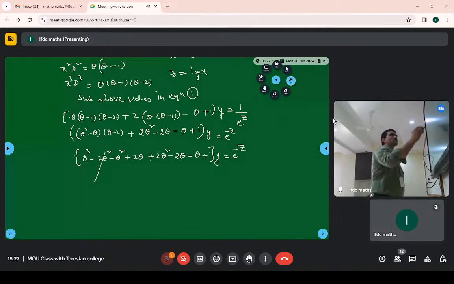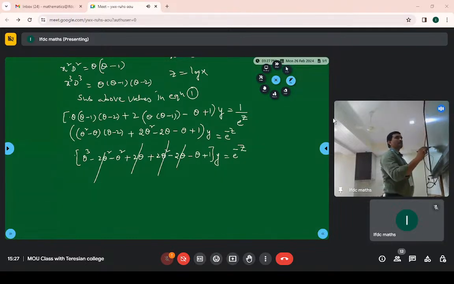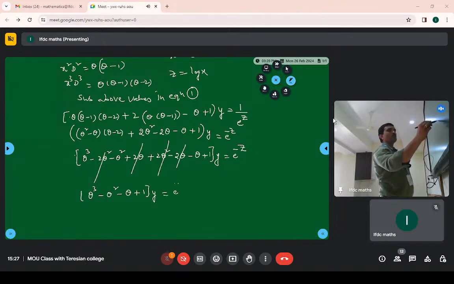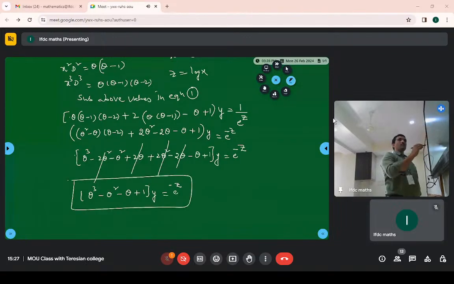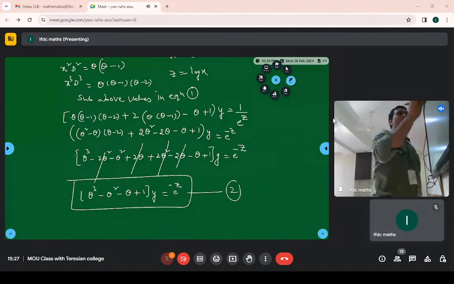So minus 2 theta square plus 2 theta square, minus 2 theta plus 2 theta. What is the remaining term here? Theta power 3, next minus theta square minus theta plus 1, whole into y is equal to e power minus z. This is another important equation to be remembered. We will take this as equation number 2.